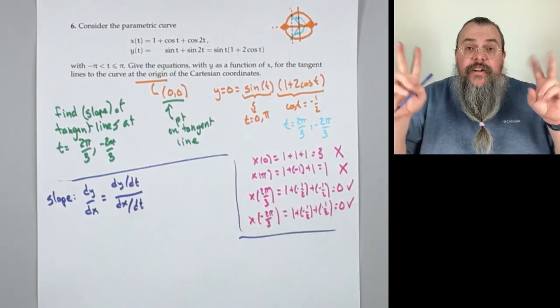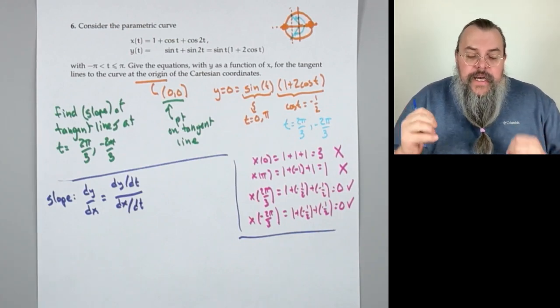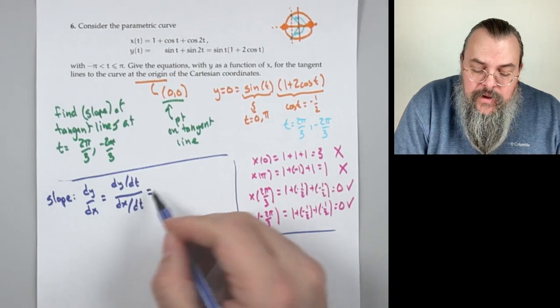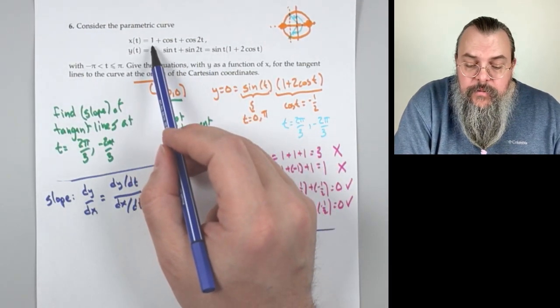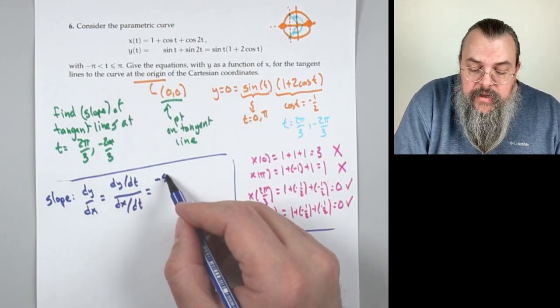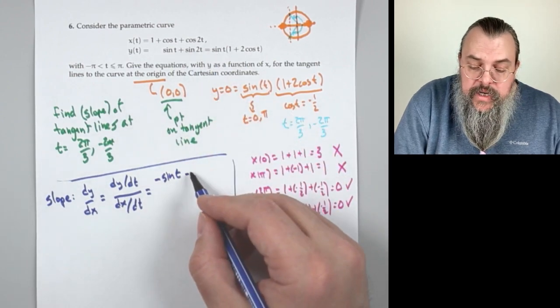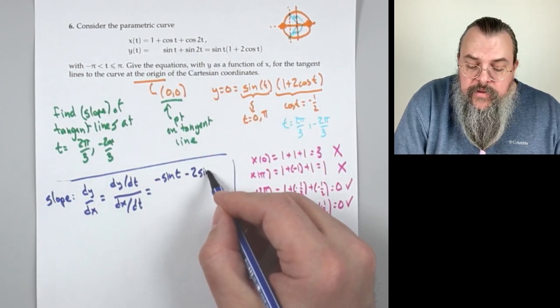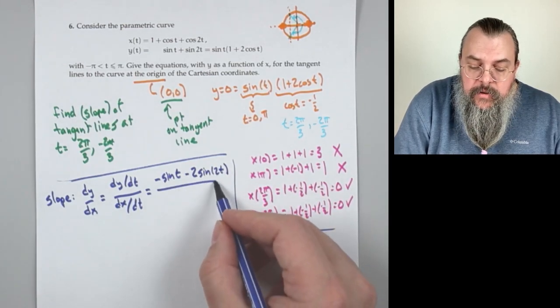You can think of it as like the dt's cancel. And you say, oh, okay, so what is that? Well, so we take derivatives. And so the derivative of 1 is 0. Derivative of cosine, minus sine. Derivative of cosine 2t would be minus 2 sine of 2t. All right, that's our dy dt.